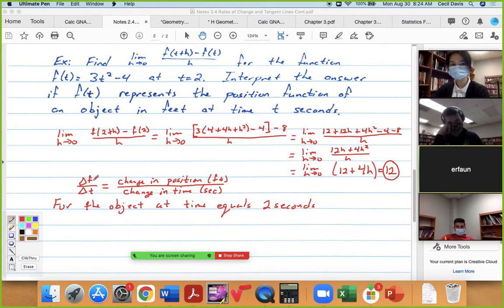We're finding the change in position over the change in time. Yeah, actually, velocity is a better answer for that because this could have been negative. The object's velocity is 12 feet per second.